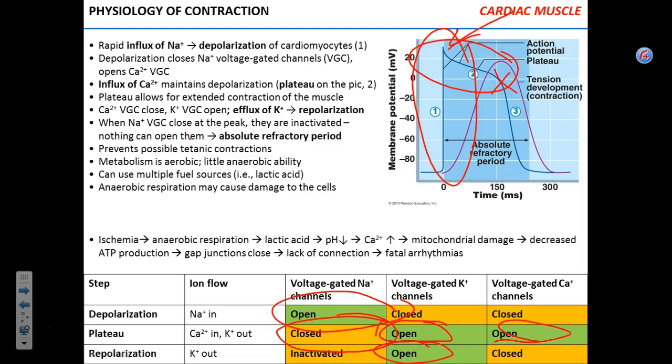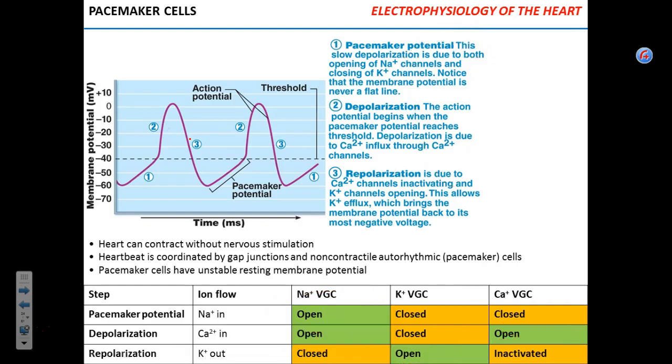Now, in terms of muscle contraction, we have discussed that unlike skeletal muscle, cardiac muscle doesn't have to be stimulated by nerves. Remember we talked about it. You can basically cut the heart out and it's still going to beat.